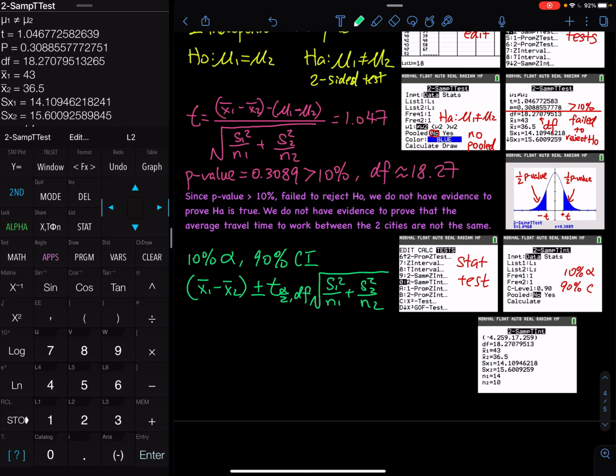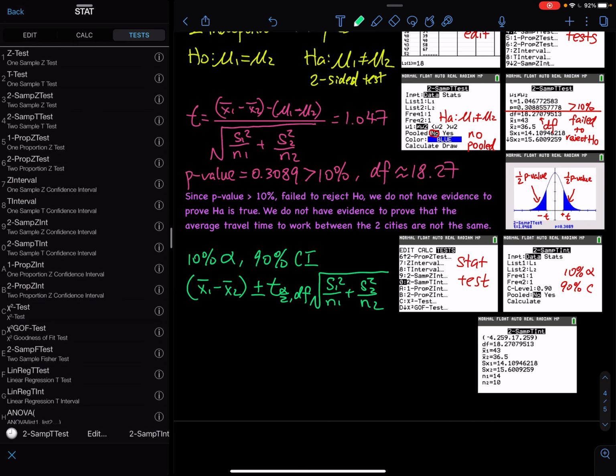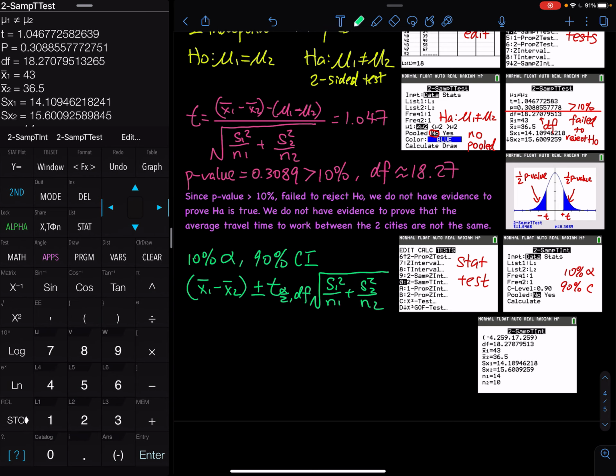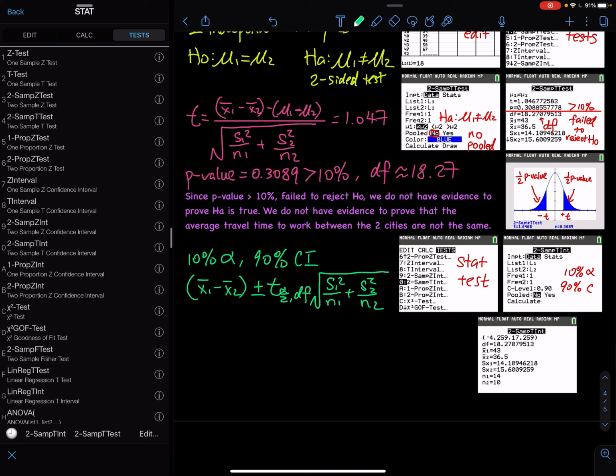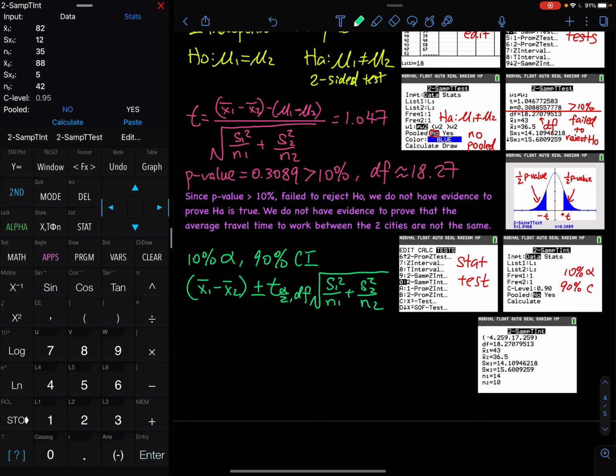And then for the confidence interval, you go to stat, and then you go to test. You have to look for two-sample t interval. So stat, test, two-sample t interval. And then we have data. So we have to input L1.